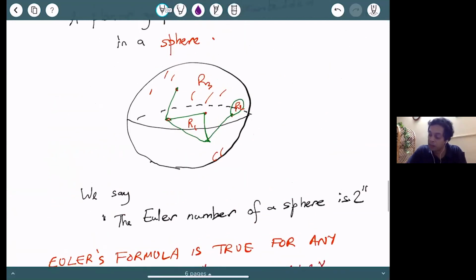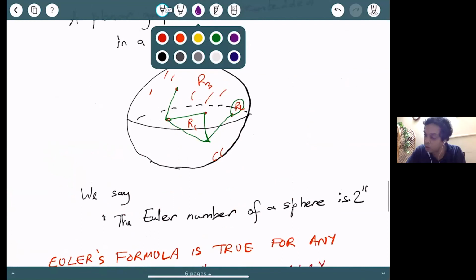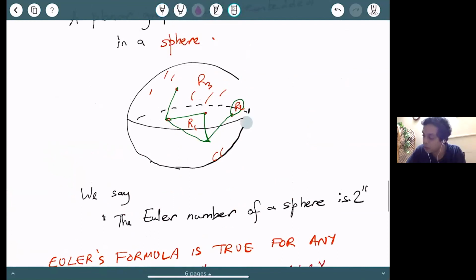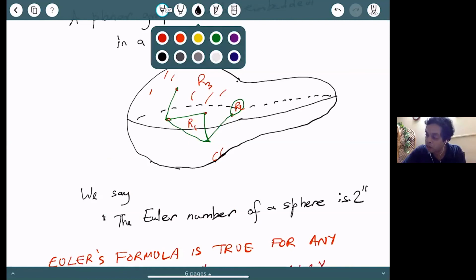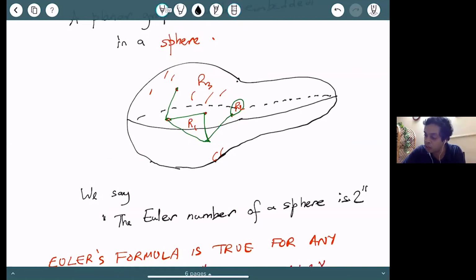So for example, this particular sphere, maybe you can stretch it somewhere. So you deform it, you stretch it, so now it's no longer a round sphere, but topologically it will still be a sphere, right? It's still something that you get by deforming.